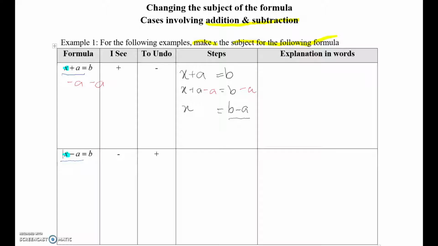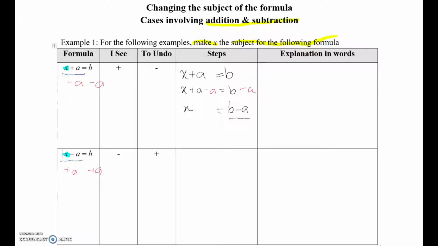To do this, we need to find its zero pair. So using the first rule, to undo, we need to plus a on the left. Using the second rule, we need to perform the same action on the right. So we need to plus a as well on the right side of this formula.